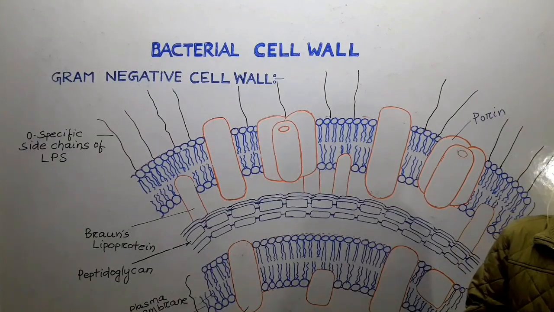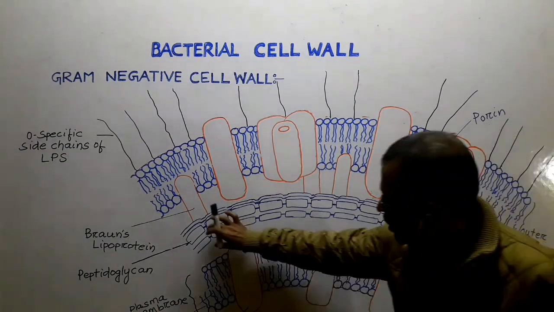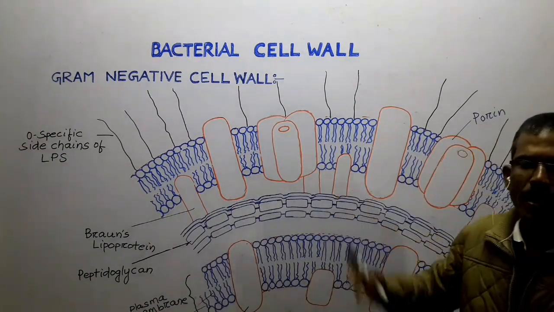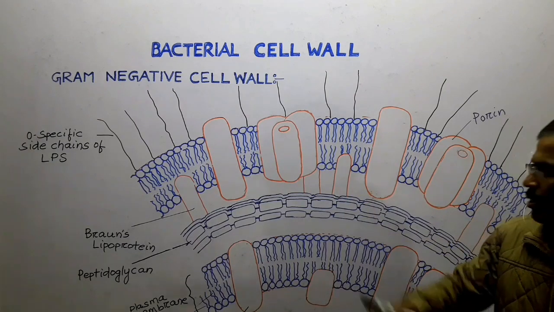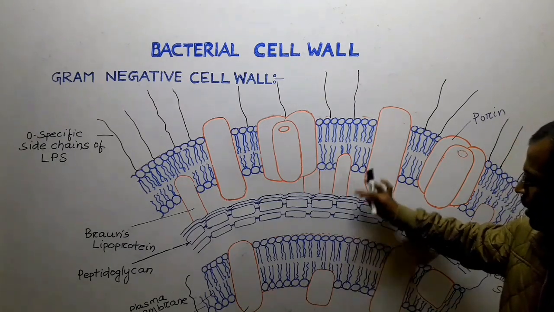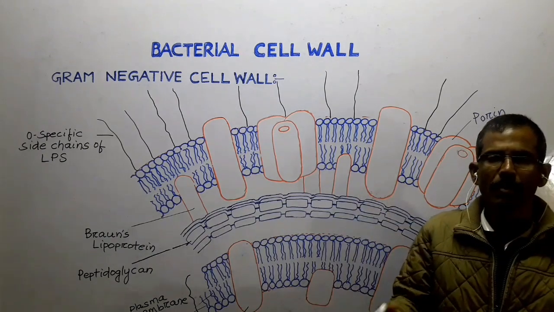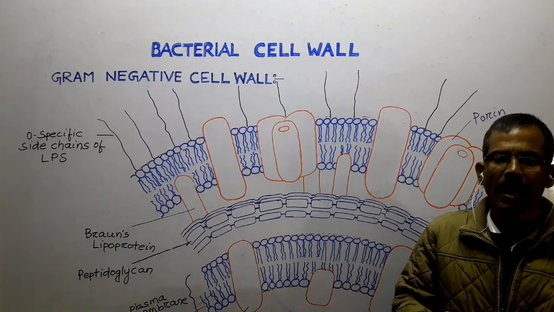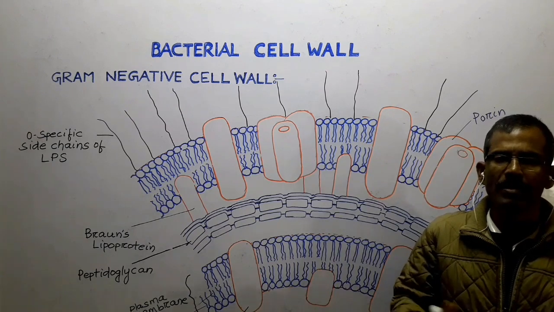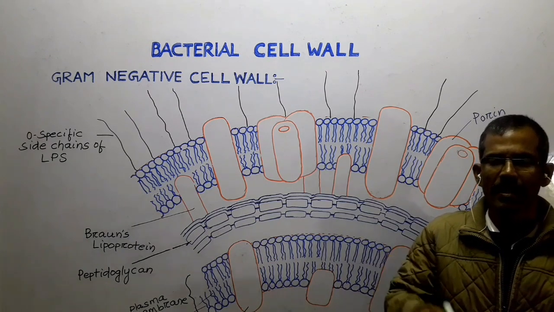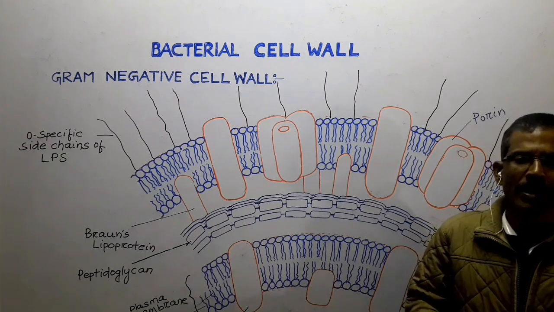So, in gram-negative bacteria, the peptidoglycan layer lies outside the plasma membrane and is bounded on either side by periplasmic space. The width of the periplasmic space in gram-negative bacteria ranges from 1 nanometer to as great as 71 nanometer.